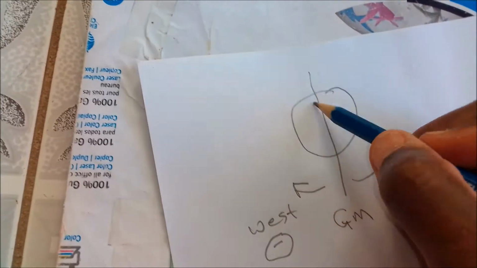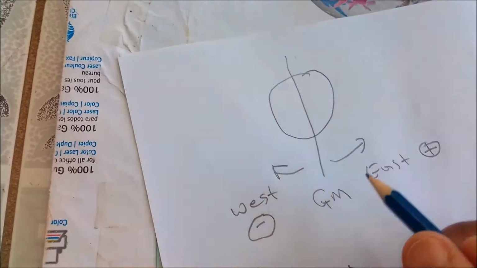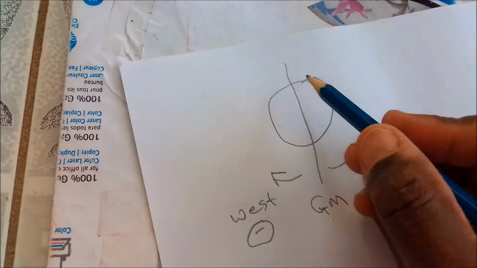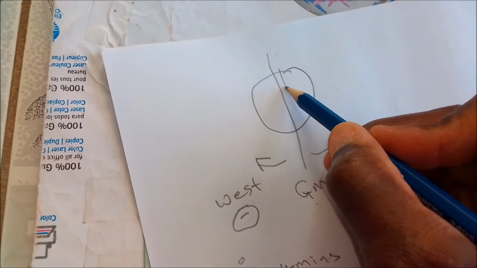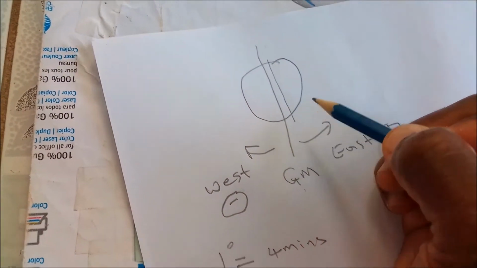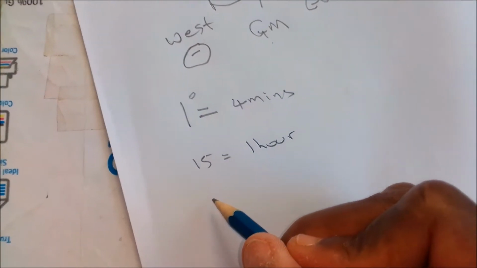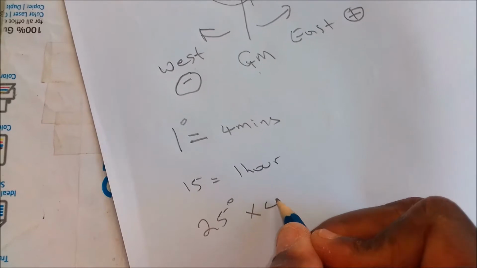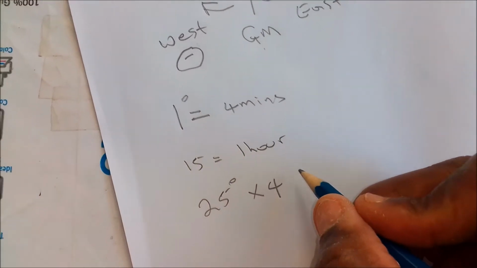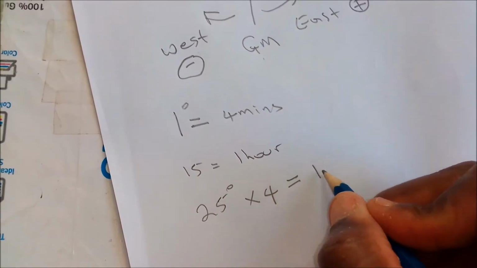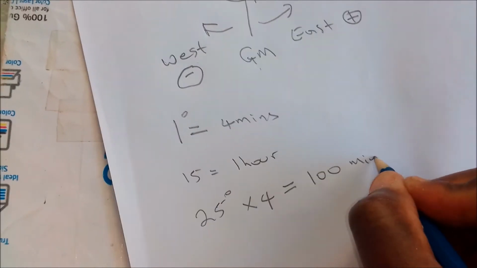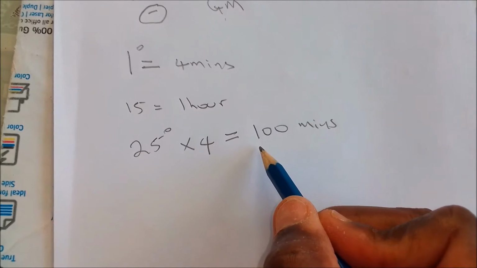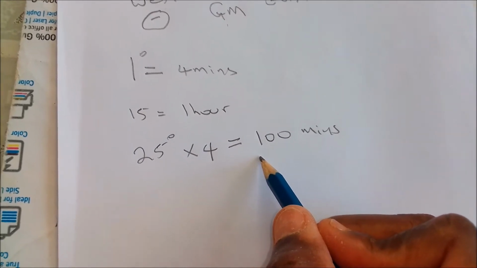That means if I'm moving from the Greenwich Meridian towards the east, let's say 25 degrees east, I'll be moving 25 degrees times 4. In calculation, that is 100 minutes. I now have to work out these minutes in hours.